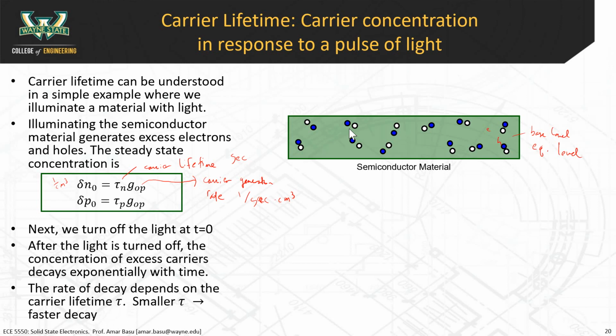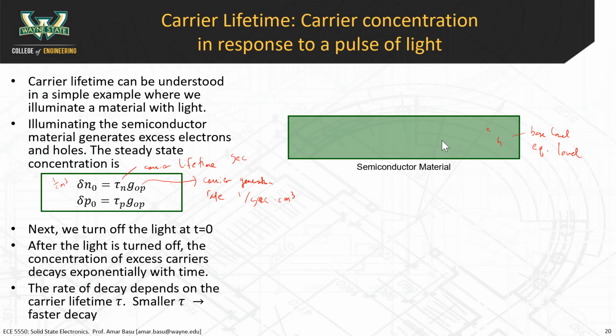So, I'm sort of illustrating this here. If you look at this spot here, there's a recombination event, another recombination event, another recombination event, and they eventually all disappear until you're left with the base material again.